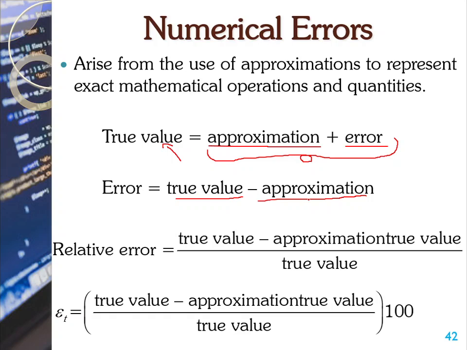So 10 minus 9, we had an error of 1 centimeter, and we used this formula in calculating that. However, we also observed that yes, they are both making an error of 1 centimeter each. But if you look at it from a more technical point of view, these errors are not the same. And for us to denote that, we go by the term relative error.